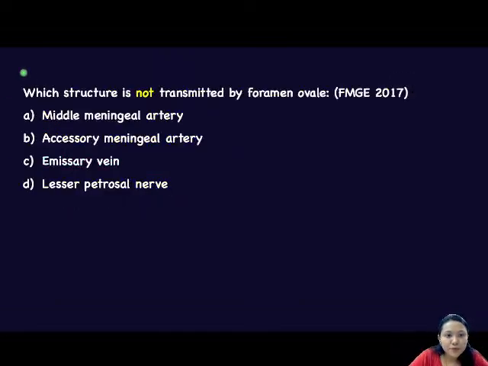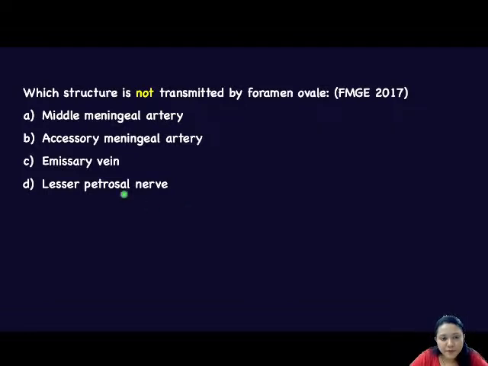Now tell me this, which structure is not transmitted by foramen ovale? The question is not transmitted. They have given the options: middle meningeal artery, accessory meningeal artery, emissary vein, and lesser petrosal nerve. Anyone? In the chat box, I want a quick answer.